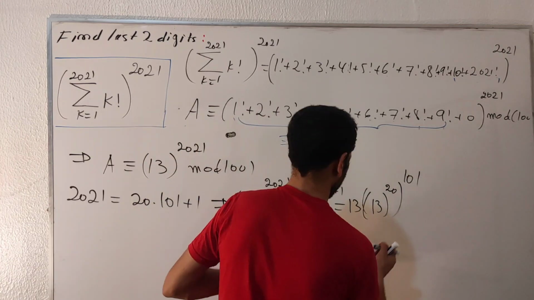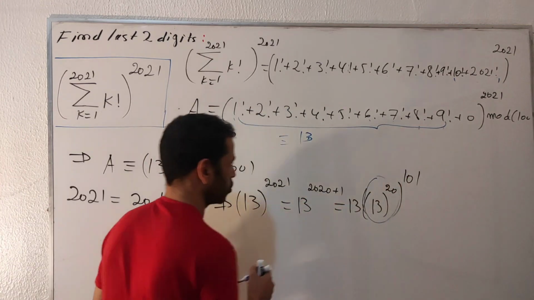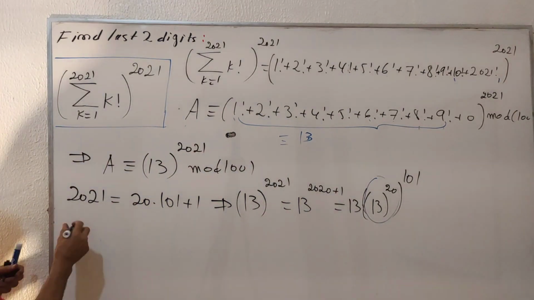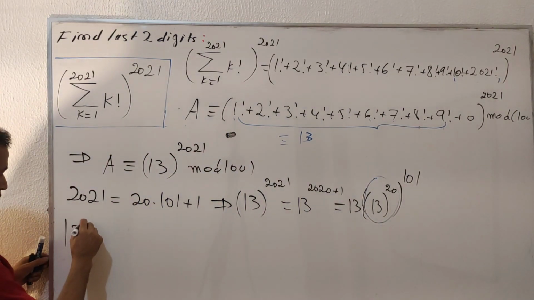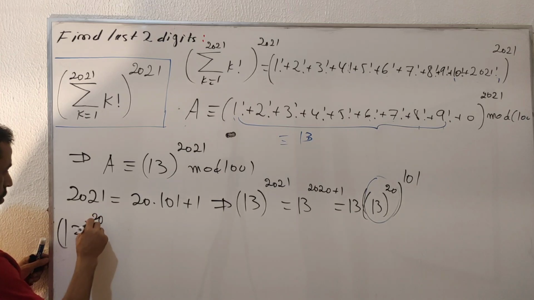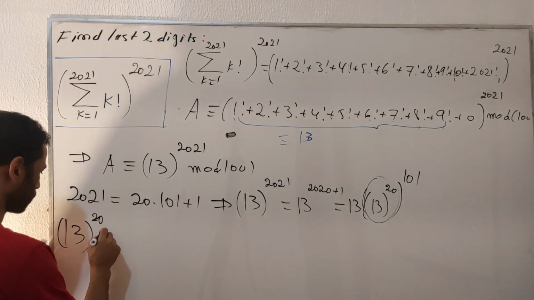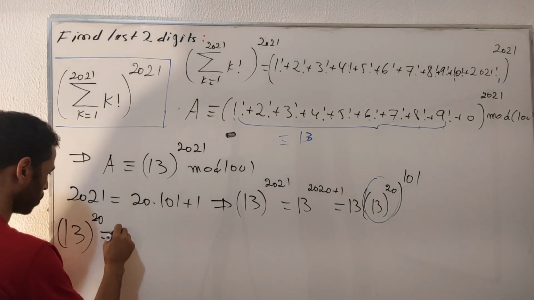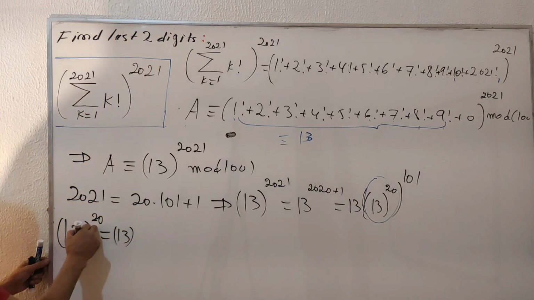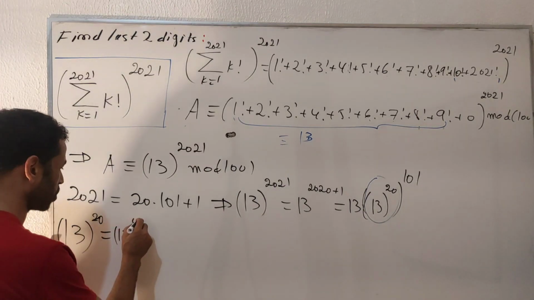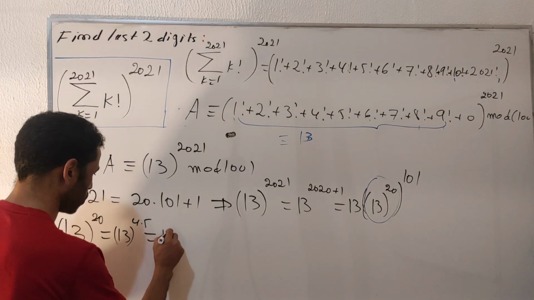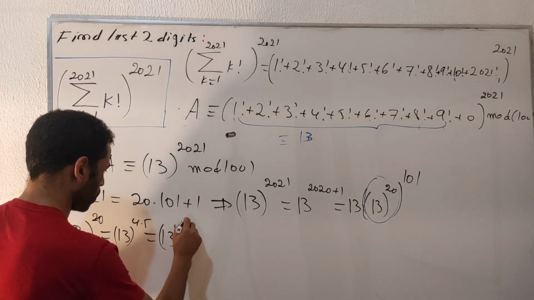Now we are going to reduce this one to mod 100. So we get 13 all raised to 20 as a power. We also know 20 is 4 multiplied by 5, which equals 13 to the 4, all raised to the 5.